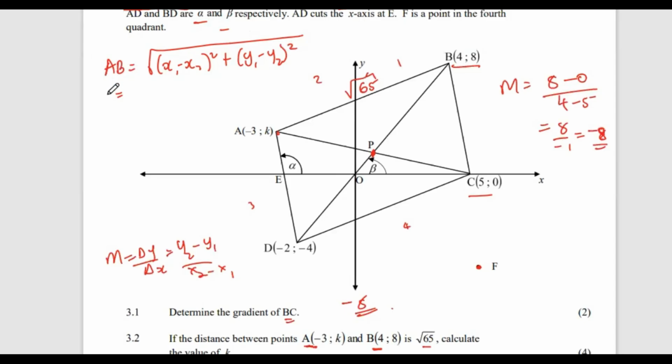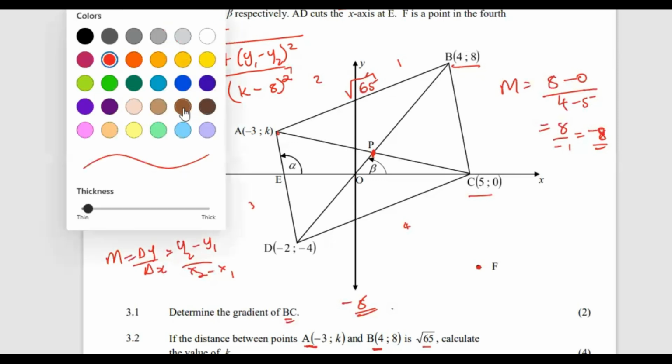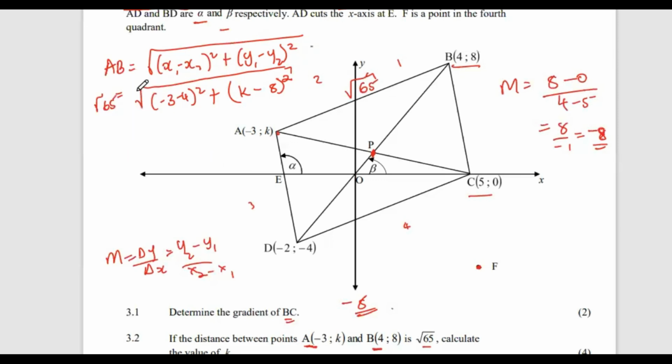So where there is AB, I'm going to use root 65 equals the square root of (-3 minus 4) squared plus (K minus 8) squared. And then I'm going to get rid of the square roots. You square both sides, and the roots fall away.